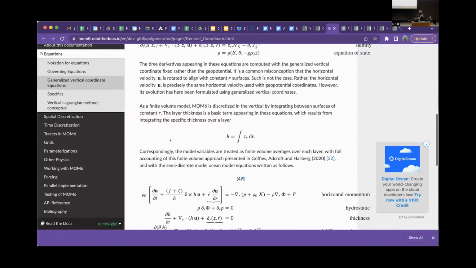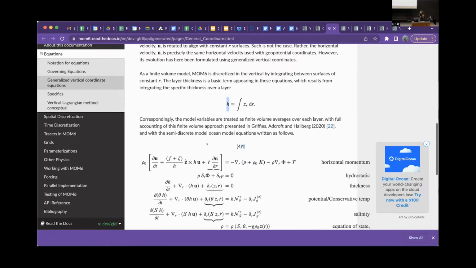If you then do a finite volume integration over a layer, now this is starting to discretize in the vertical, we introduce thickness, real thickness in meters. Okay, and it's the symbol H. H is the specific thickness integrated over a layer with respect to R, your vertical coordinate.